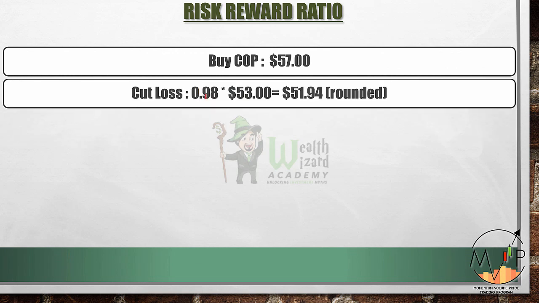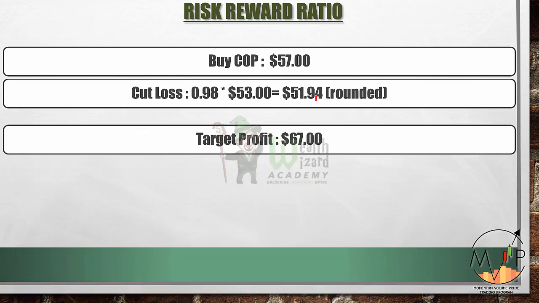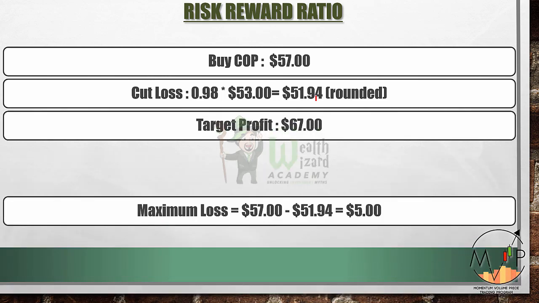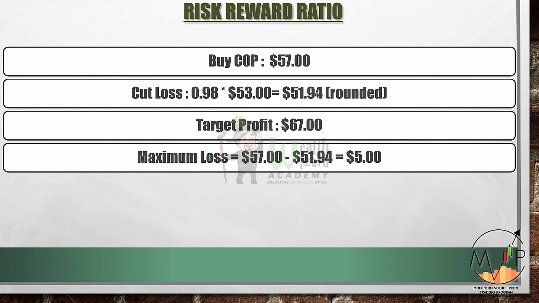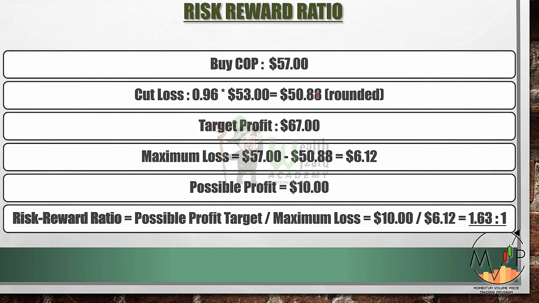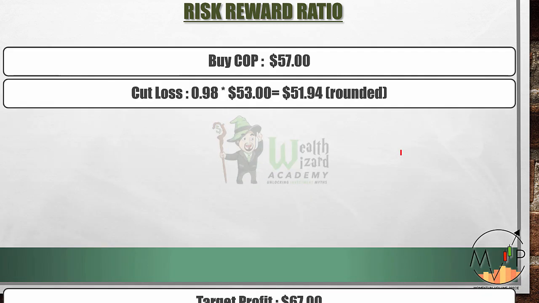In this case, instead of taking 4%, we calculate based on a 2% cut loss level. Calculating a 2% cut loss level out of the $53 will give us a cut loss price level of $51.94. Target profit remains the same. Here, maximum loss, we have reduced to $5. Earlier, our maximum loss was $6.12.